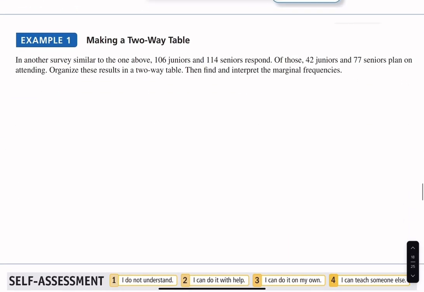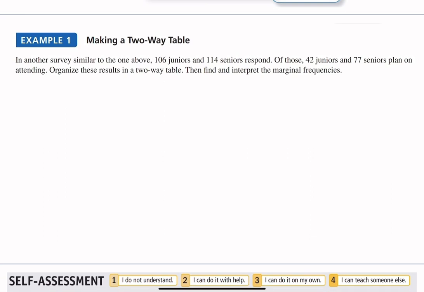Okay, so for example 1, in another survey similar to the one above, 106 juniors and 114 seniors respond. Of those, 42 juniors and 77 seniors plan on attending. Organize these results into a two-way table, and then find and interpret the marginal frequencies.